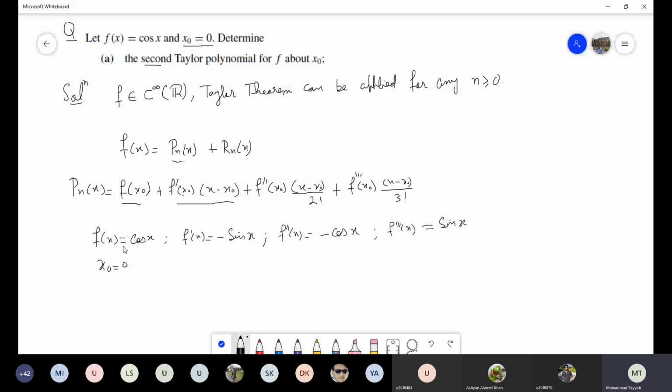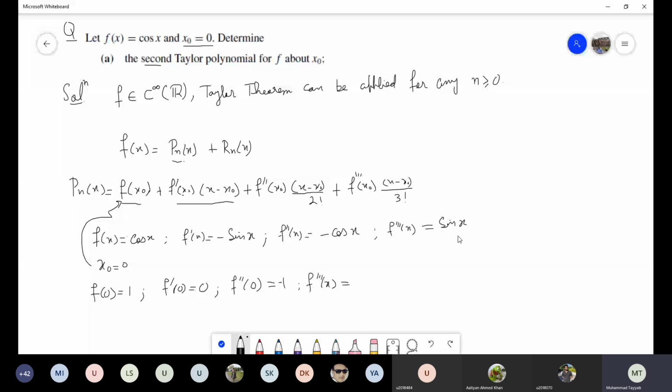So I need to substitute this x naught into the whole series. What do we get? f of 0, cos 0, is 1. f dash of 0, sine 0, is 0. f double dash of 0, cos 0, is 1, sorry, minus 1 with this one, and the third derivative f triple dash of 0, sine 0, is again 0.